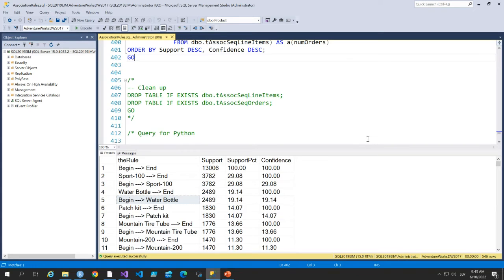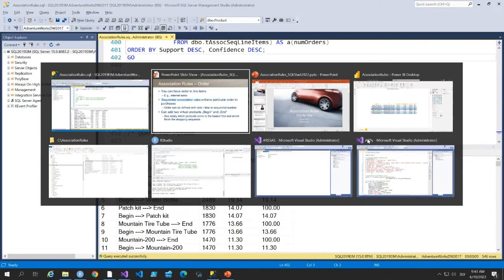So we calculated item sets, confidence, lift, order, and even these starting and ending items. And with all of this information, including these negative associations, you can get some idea which rules are more important and which rules are less important.